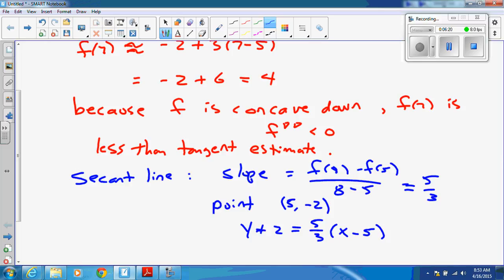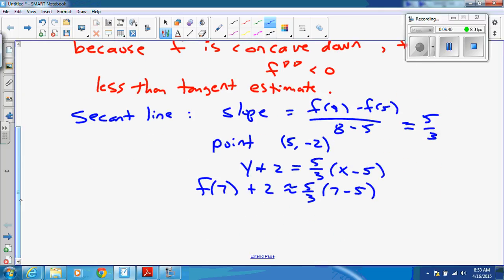And so I figure that it can't hurt to estimate f of 7 using this secant line. So f of 7 is approximately equal to, let's see here, f of 7 plus 2 is approximately equal to 5/3 times 7 minus 5.